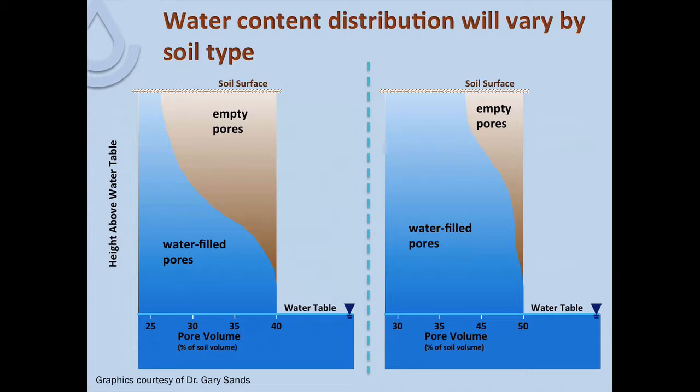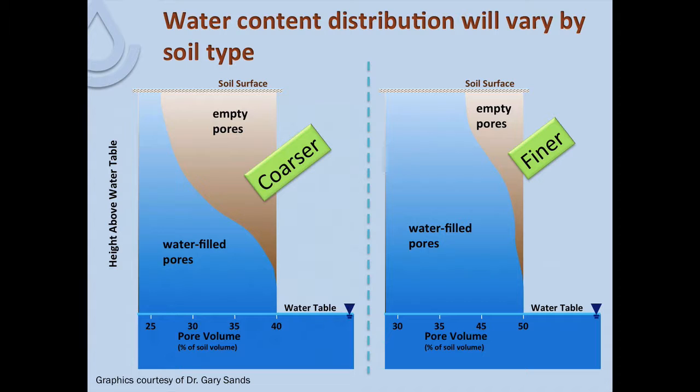We've got a soil here on the left where, following drainage, we've got a larger percentage of air-filled or empty pores versus water-filled pores above the water table, versus the soil on the right where less water is drained out, and so we've got a larger percentage of still water-filled pores versus fewer empty or air-filled pores. If you think as to which soil would be which, the soil on the left would be our coarser or sandier soil, versus the soil on the right would be a finer textured or more clayey soil.